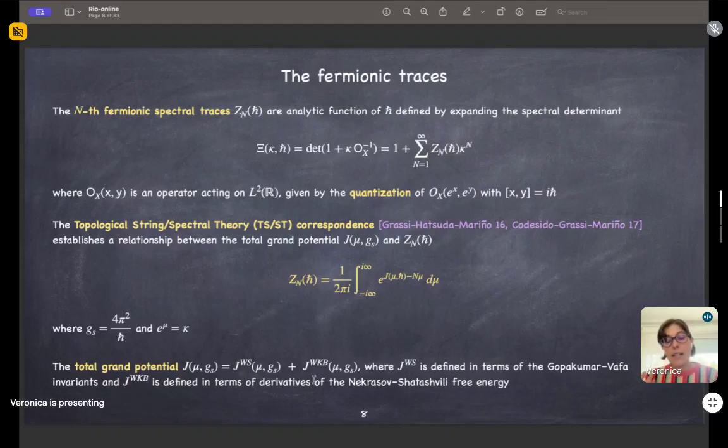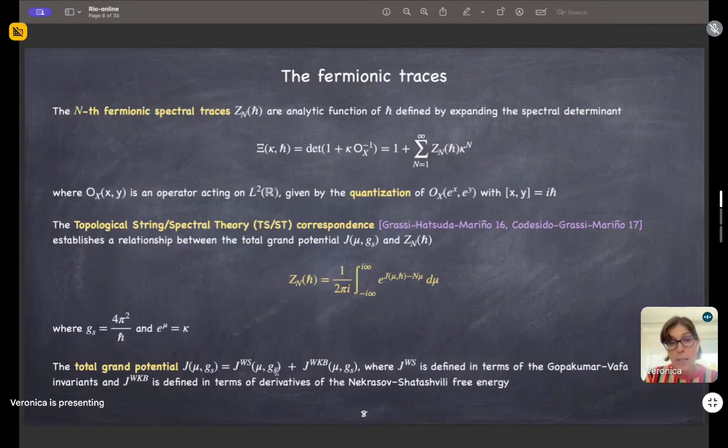And the WKB instead also contains a certain kind of BPS invariant, but in a much more complicated way. So it's better to refer to it as the function that is expressed in terms of derivatives of the Nekrasov-Shatashvili free energy. The point is that the function J is a natural quantity from the point of view of topological string theory, and it contains somehow the invariants of the geometry.